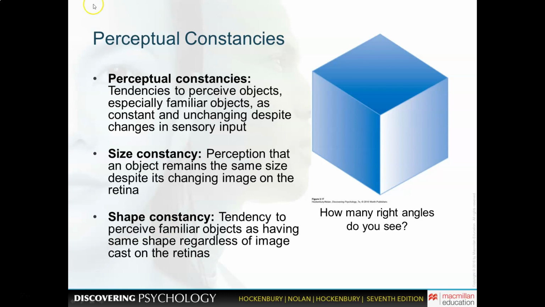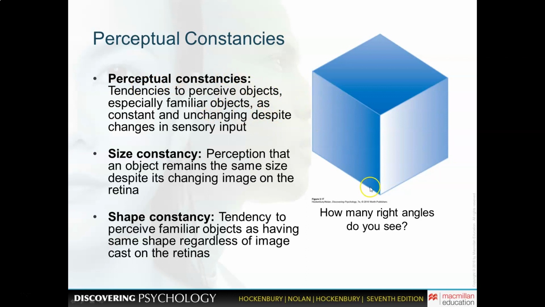Taking this a little further with Gestalt psychology, they use this term constancy right here. All that is, is making observations and assuming that things are going to continue on the way they are. That's what they mean by constancy.